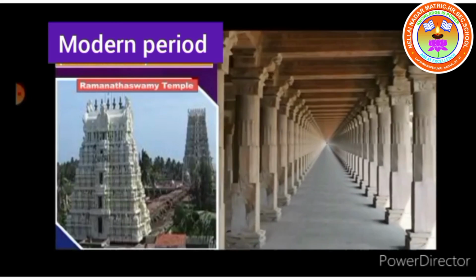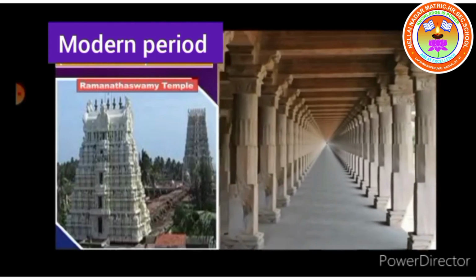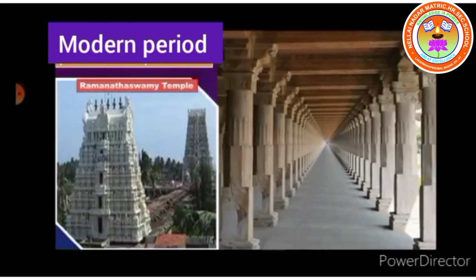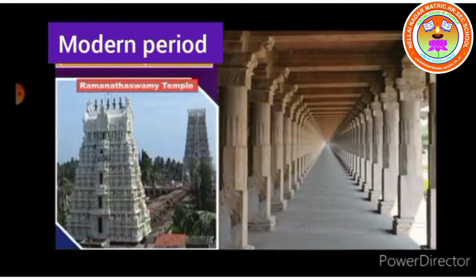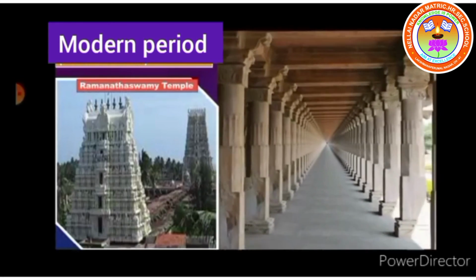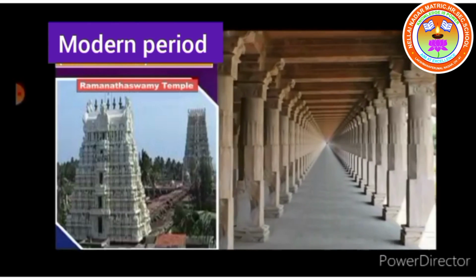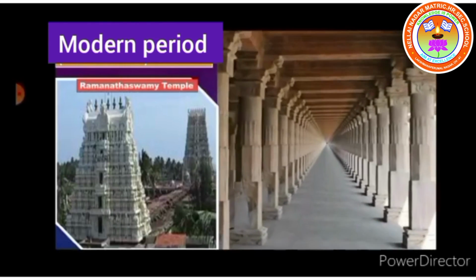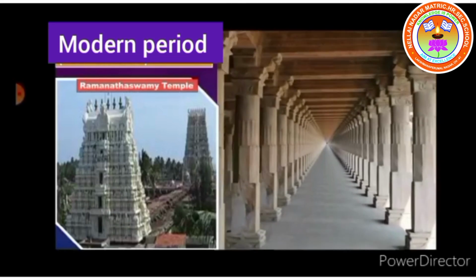The temple has 3 sets of corridors. The outer set of the temple corridors has a height of almost 7 meters and stretches for about 120 meters in both the eastern and western directions. The pillars are decorated by carvings. The innermost set of corridors is the oldest of the 3.